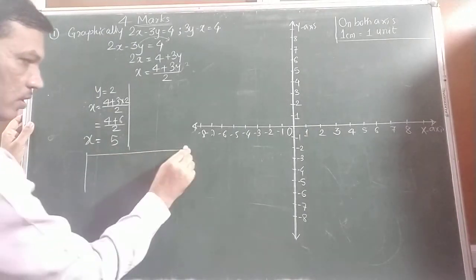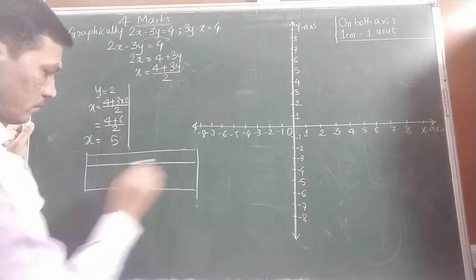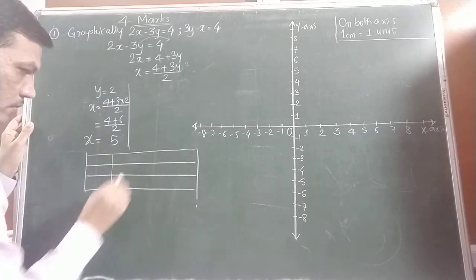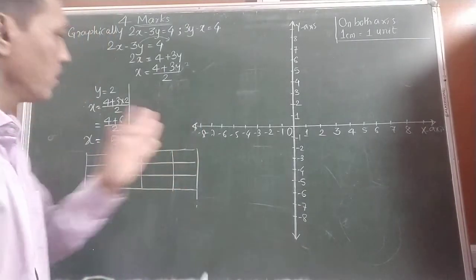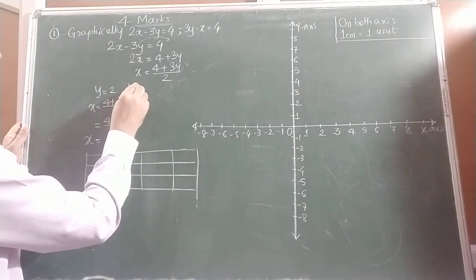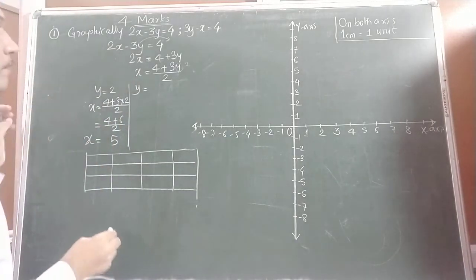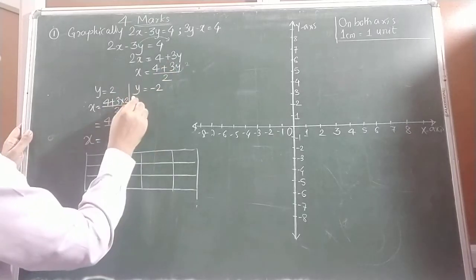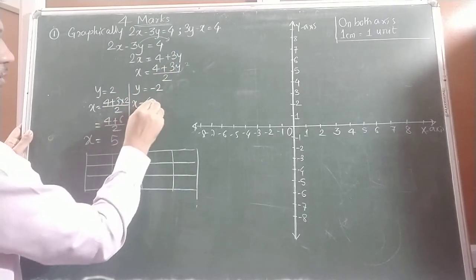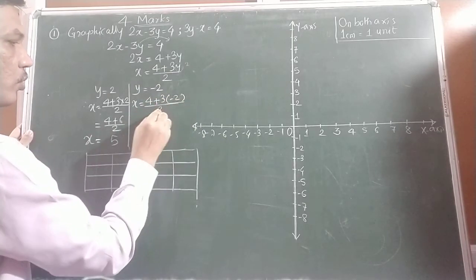So I can put it in a chart. Take only 3 values, no need to take 4 values. 3 values are sufficient. Now another y. Which y should we take? I shall take minus 2. Minus 2 is also okay. So if I take minus 2, then x is equal to (4 plus 3 times minus 2) upon 2.